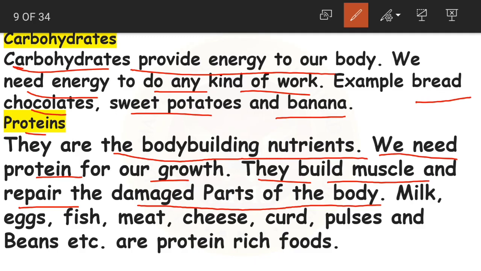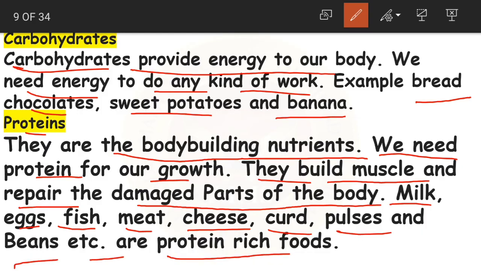And where do you get these proteins, children? You get them in milk, eggs, fish, meat, cheese, curd, pulses, beans, etc. They are all rich in protein. So you have to take all this type of food, children. Every type of food is very important to our body.